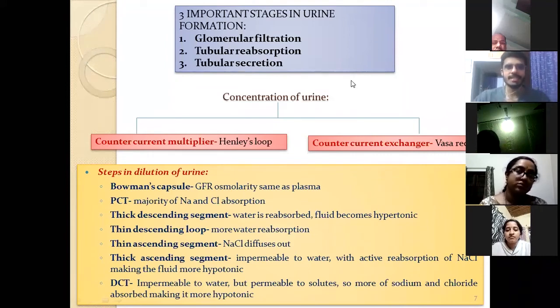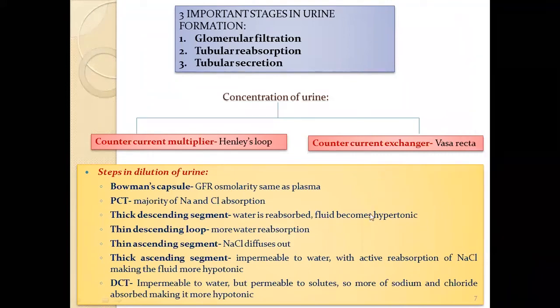Then you have the thick descending segment where water is reabsorbed and the fluid becomes hypertonic. Then more water reabsorption occurs in the thin descending loop. As you move towards the ascending loop, sodium and chloride diffuse out. See this? Are you able to identify this? Here sodium and chloride got absorbed. Here it got diffused out.